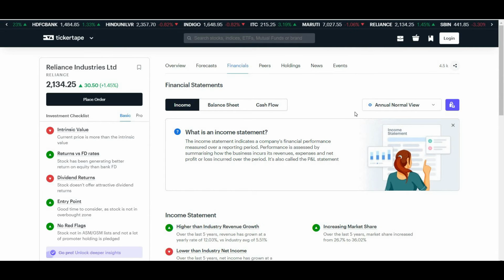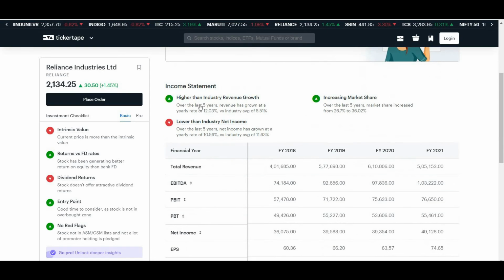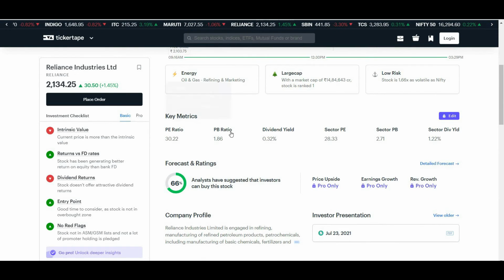So let me tell you what is fundamental analysis. So what parameters we look into in fundamental analysis? So in fundamental analysis, you will see PE ratio, PB ratio, dividend yield. Then you'll see sector PE, sector PB. In layman language, you will see if the company is doing good, how much loan or debt they have, how much promoter holding is there, right?